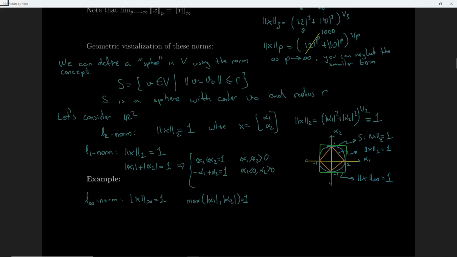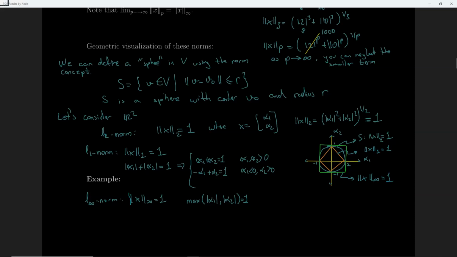So these are the unit spheres in your R square with different norm definitions. Okay, so by changing the norm definitions, all of them have distance to the origin equal to 1, but the definition of distance is changing when I'm changing the norm definition. Okay. This is norm.